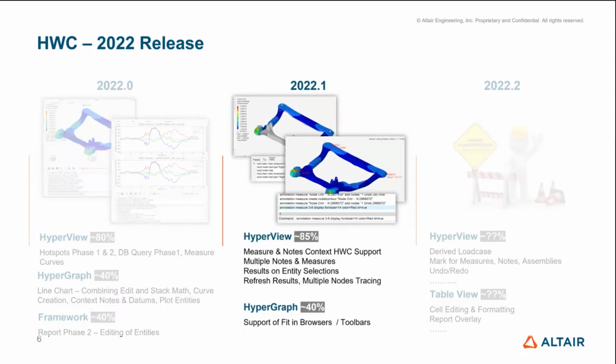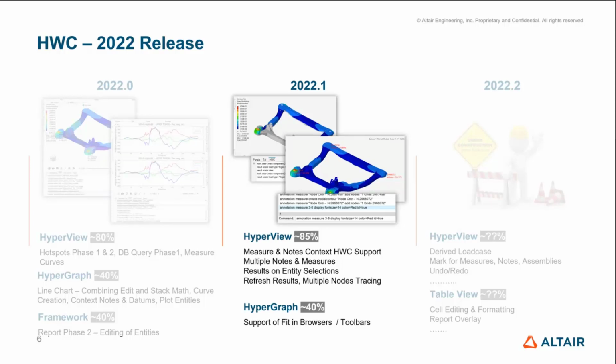Now in 2022.1, which is the main topic today, we increased the usage to 85%. We will show measures and notes are now fully supported, the contexts with HWC recording and playback. Measures and notes can now be edited multiple at once. We have results on entity selections and minor topics like refresh results and multiple notes tracing.